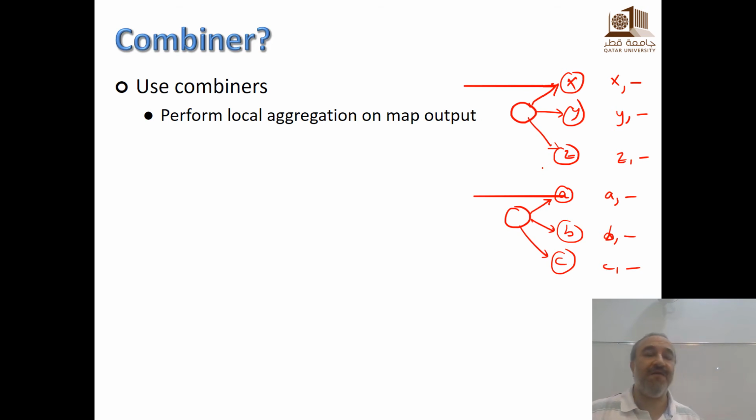So if I partition the graph into components that are connected, and each component is processed at one node, then there is a higher chance for combiners to do some good work.